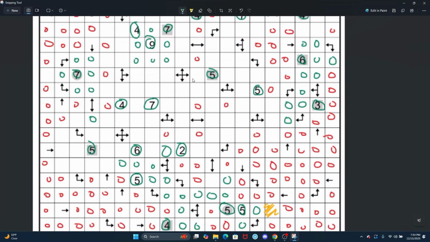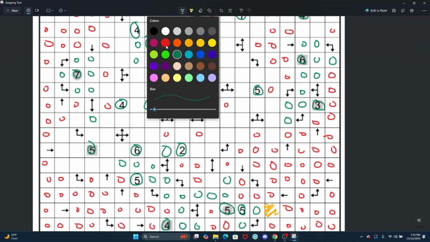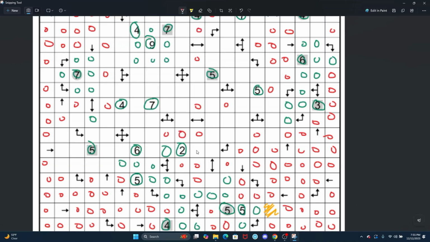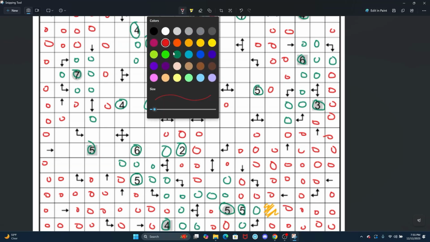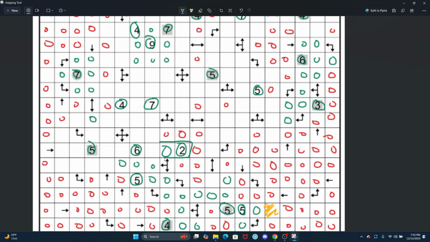So this 2, you see that this 2 has two green cells already, so the other cells have to be red. And so the only way to connect this group of 2 green cells to the rest of the green cells is through this tile here, so it must be green as well.